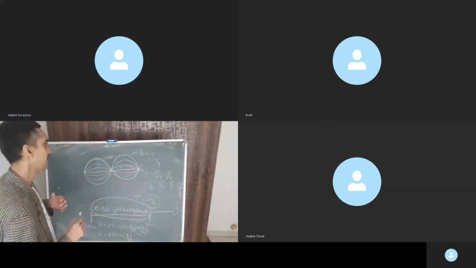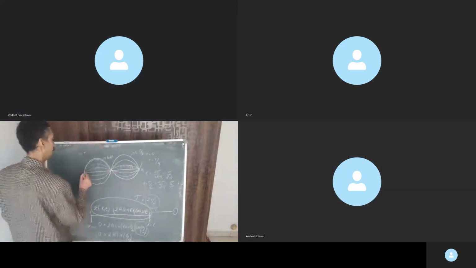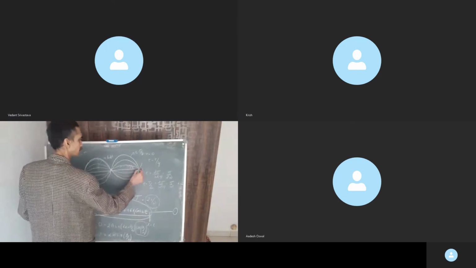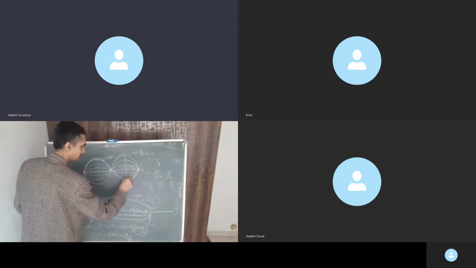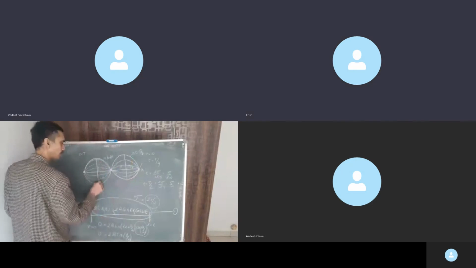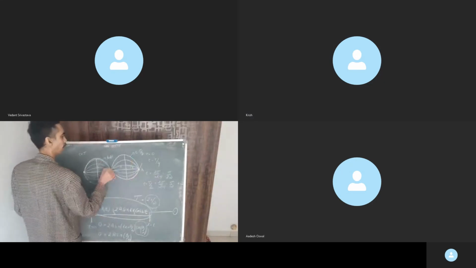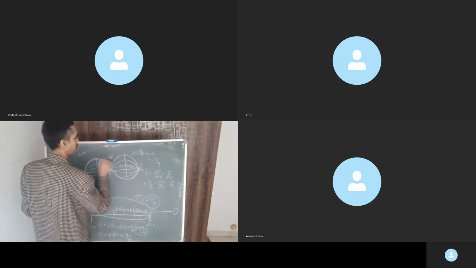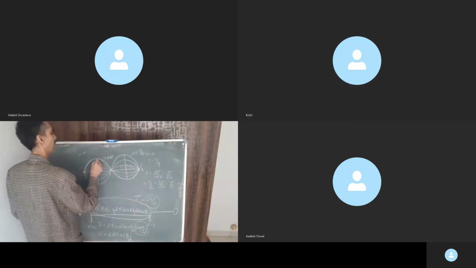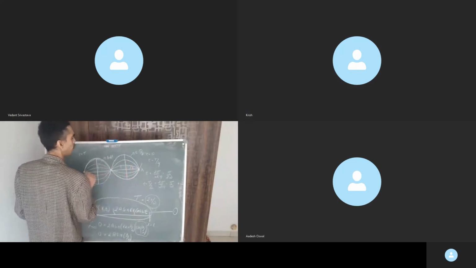So we can say that we have seen the pattern. This is a displacement node, this is a node, this is a node, and these are displacement antinodes. See for yourself, one node is sandwiched between two antinodes, or one antinode is sandwiched between two nodes.